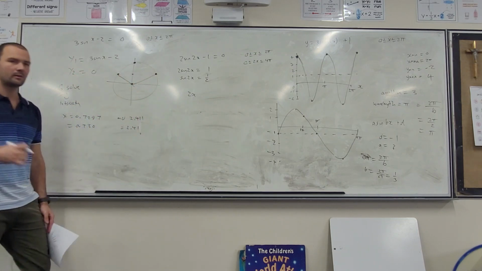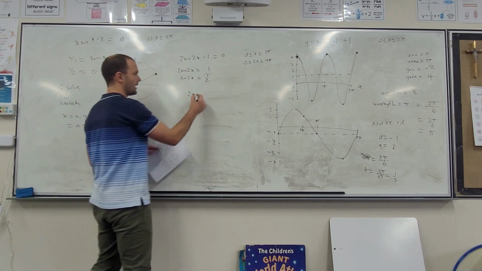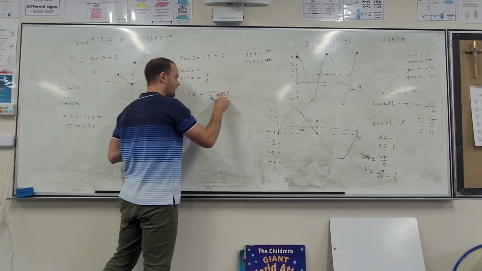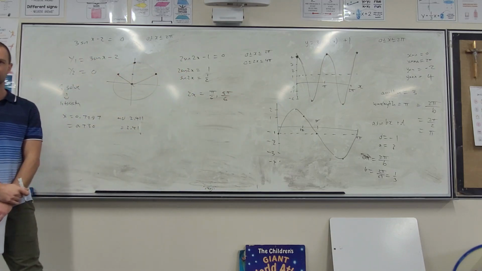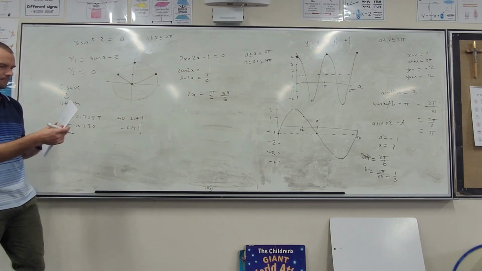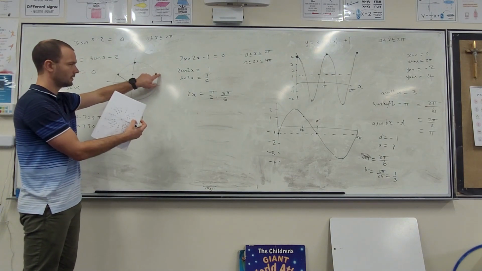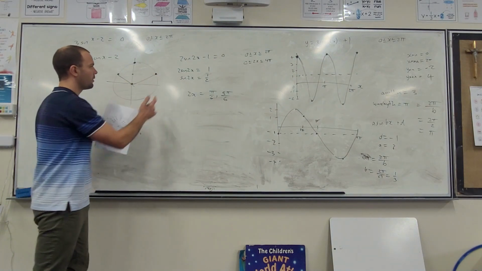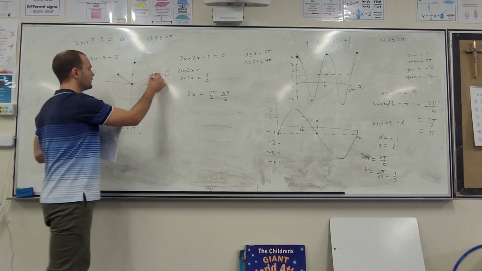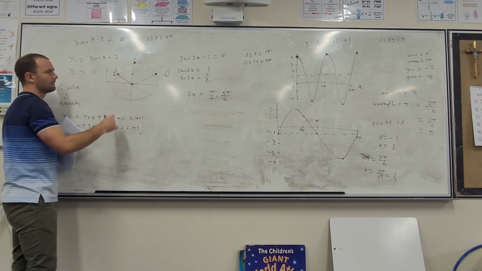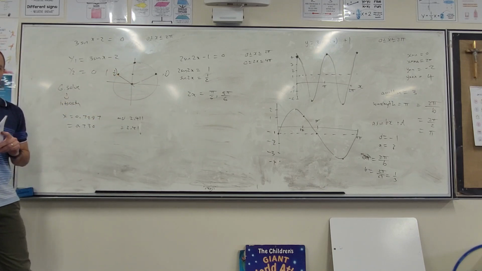So 2x is pi on 6 and 5 pi on 6. They're our first two answers. Sine is the y value. The y value is half here at pi on 6 and over here at 5 pi on 6. Make sure you can see that.